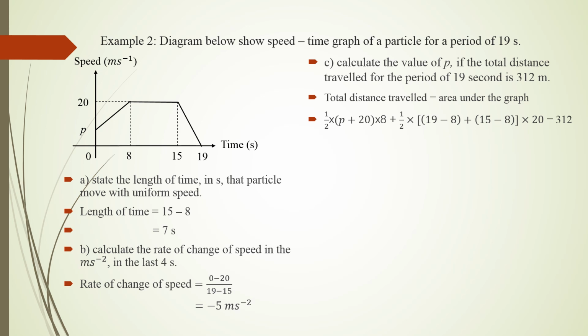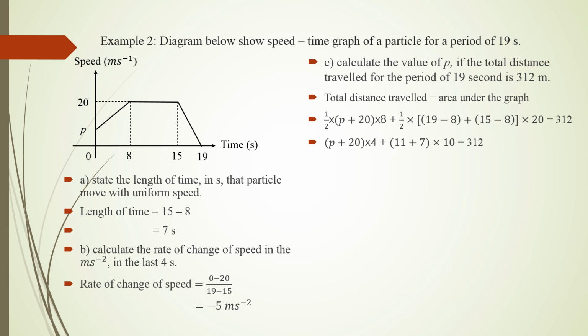So first, find the trapezium. First trapezium, 1 over 2 times the 2 parallel lines added together, P plus 20, times 8, the height of the trapezium, plus 1 over 2 times 19 minus 8 plus 15 minus 8, the sum of the 2 parallel lines, times the height of the trapezium, 20, equals 312.